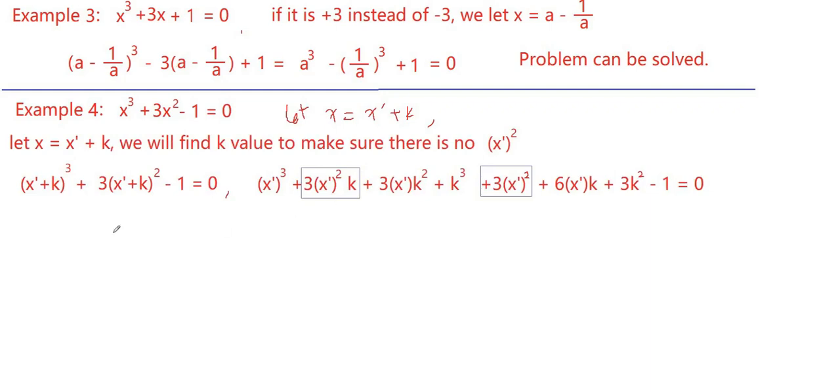So to make the x dot square item be 0, we have 3k plus 3 equal to 0, means k equal to minus 1.